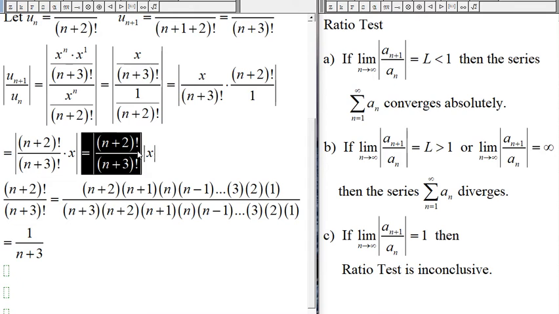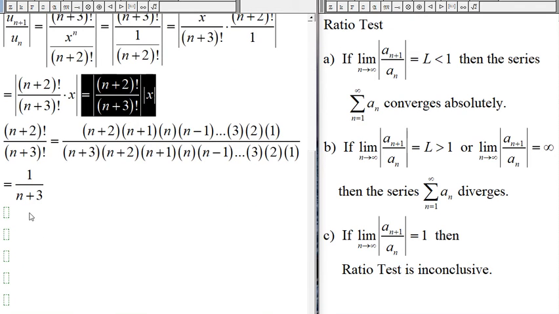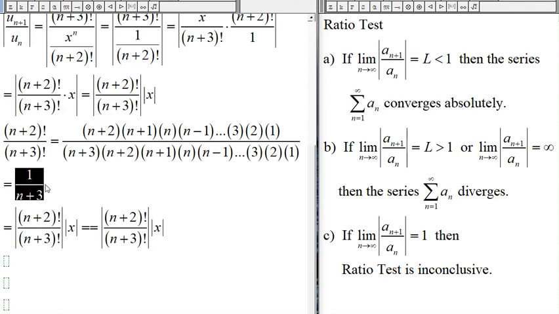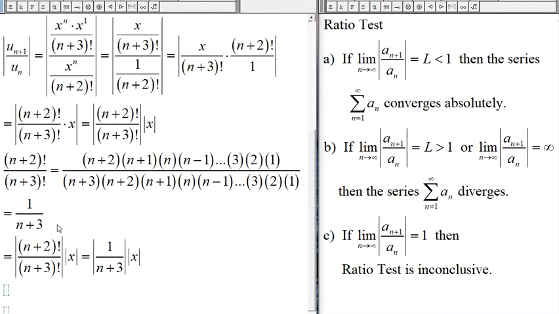And so now let's go back to our ratio right here. This becomes 1 over n plus 3, and we want the limit of this thing.